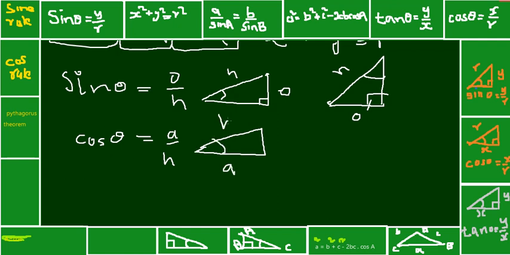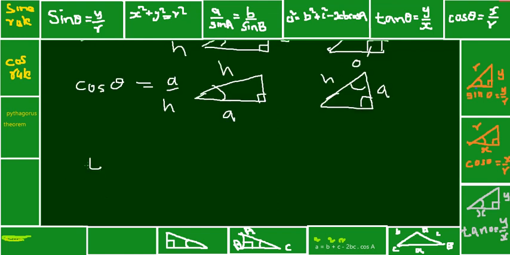Adjacent is this side and hypotenuse is this side. If the direction changes and the position of the angle changes, you'll have this one and this one. So adjacent now becomes this side, then the hypotenuse, because of the direction of the angle.